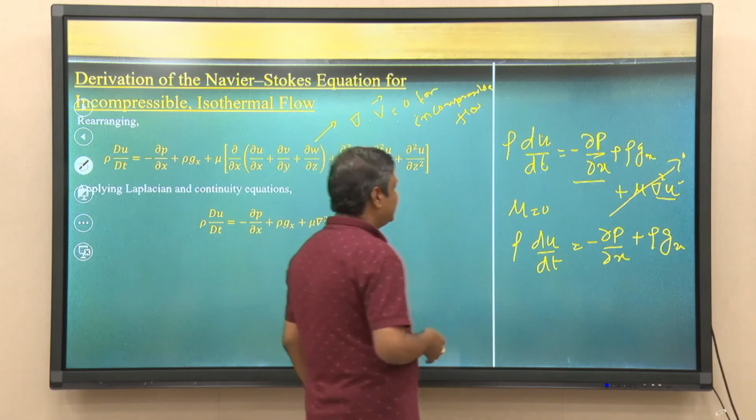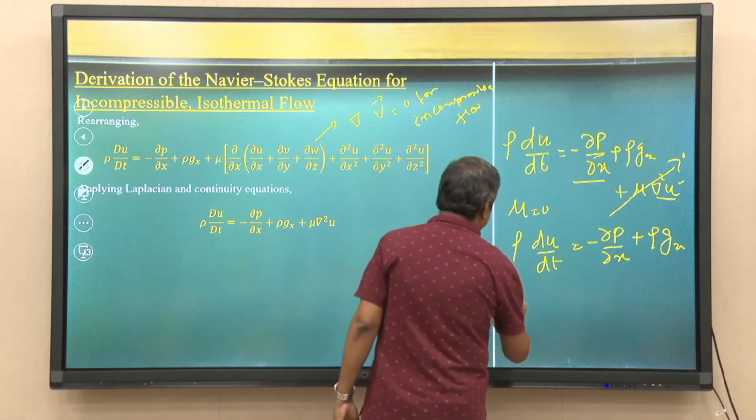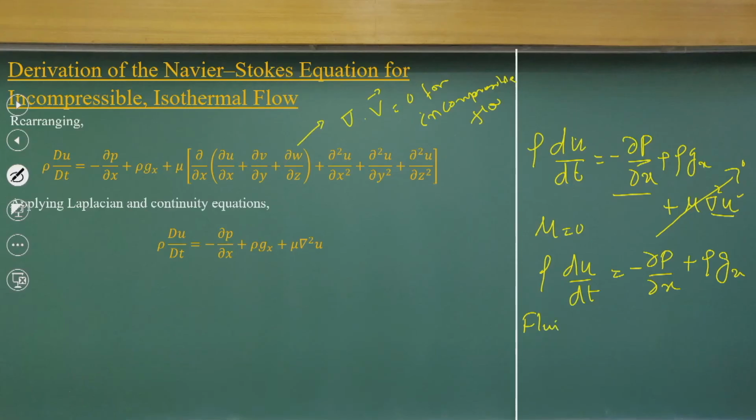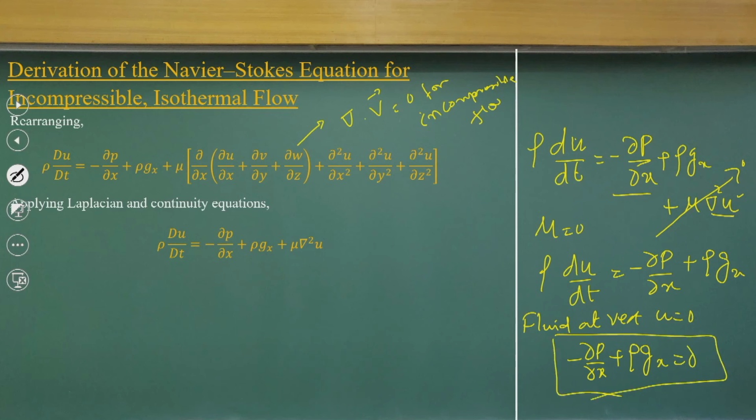If we consider the fluid at rest, so u is equal to 0, dp by dx plus rho g x is equal to 0, which is the equation for hydrostatics.